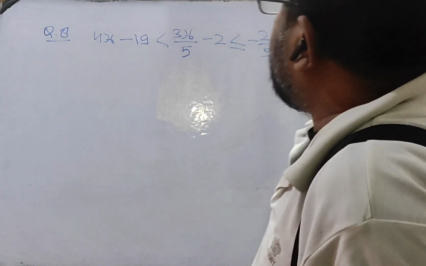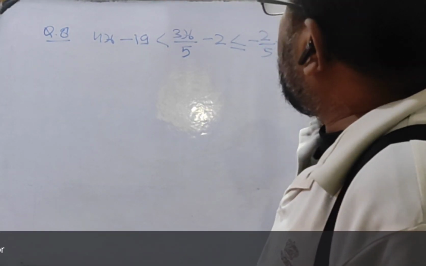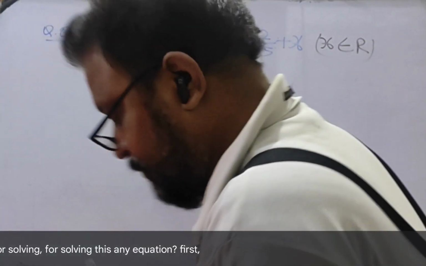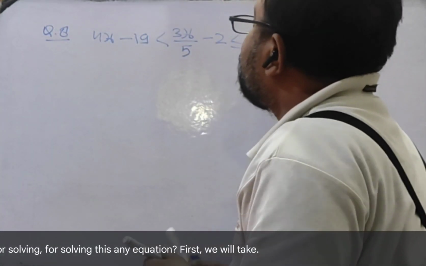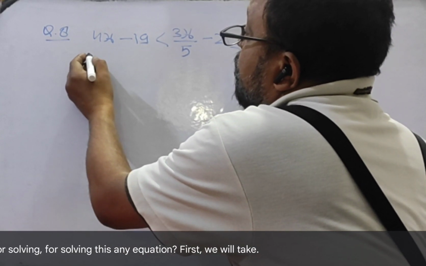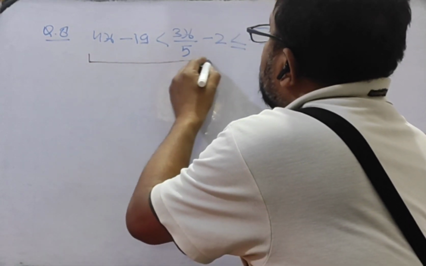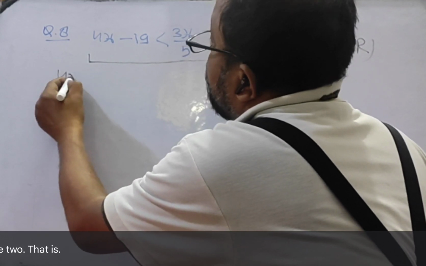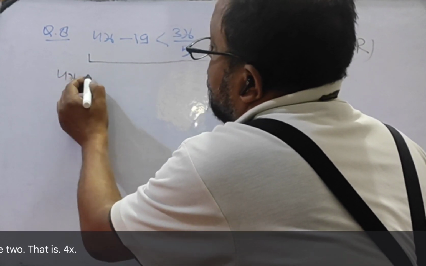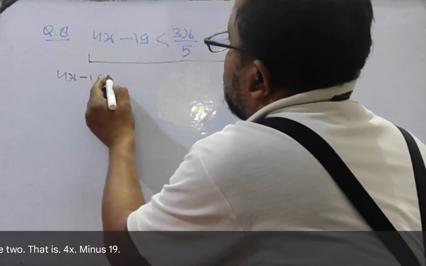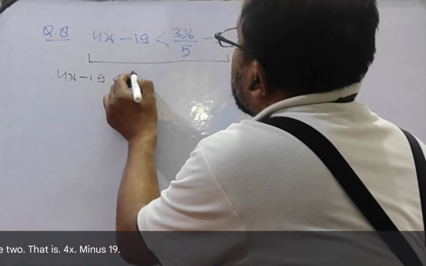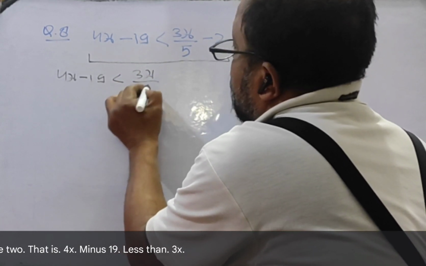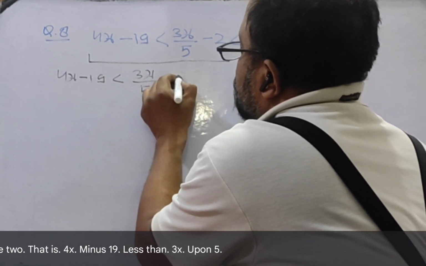So for solving this inequation, first we will take these two, that is 4x minus 19 less than 3x upon 5 minus 2, right?